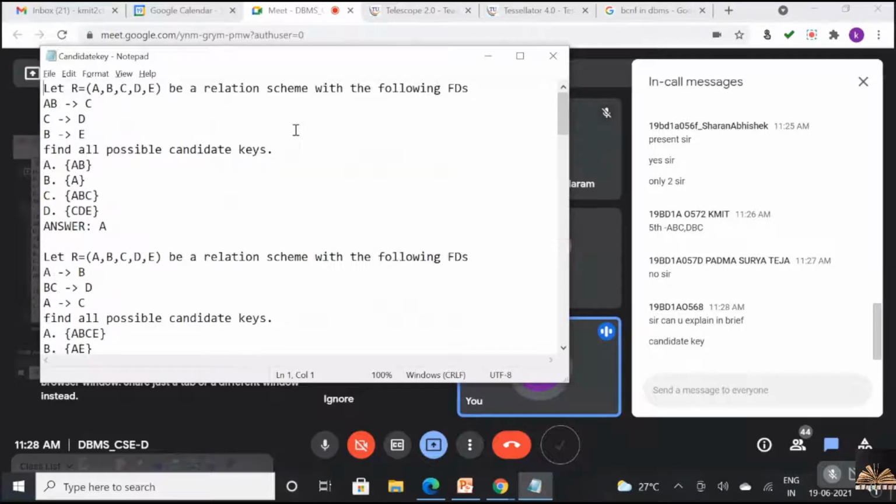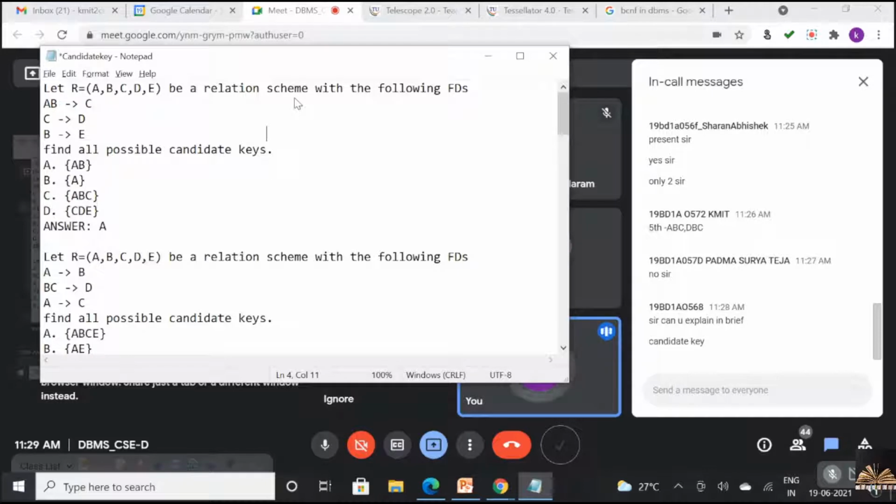I hope you can all see the notepad. Now see, whenever you want to work with candidate keys, you're given a relation and a set of attributes.